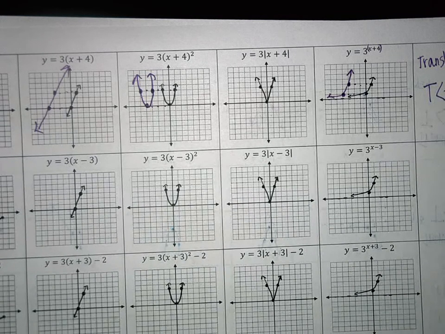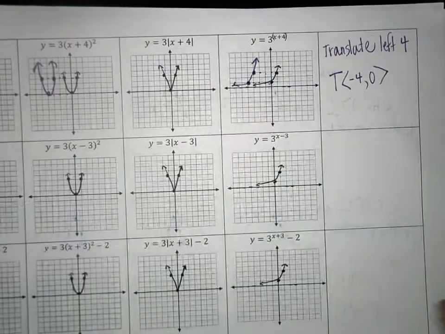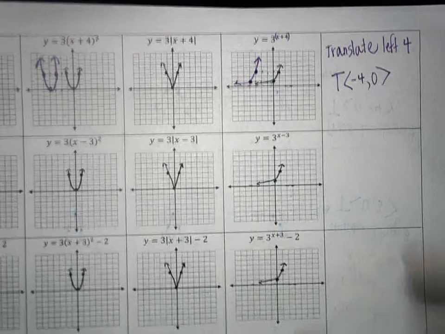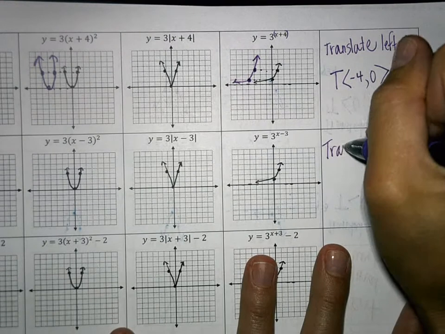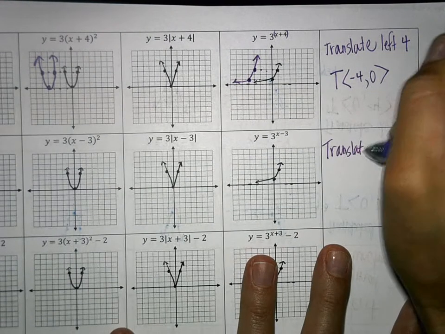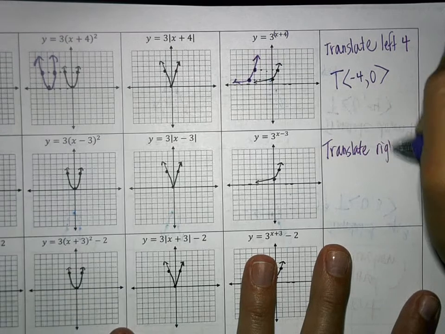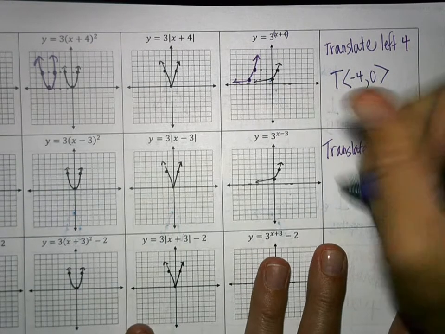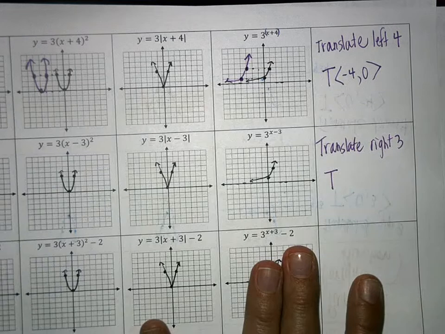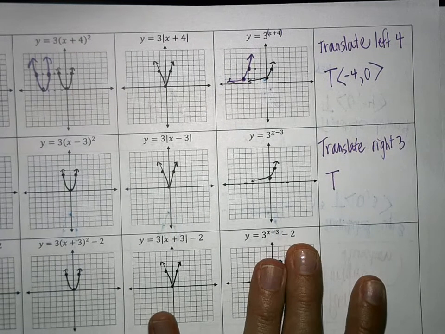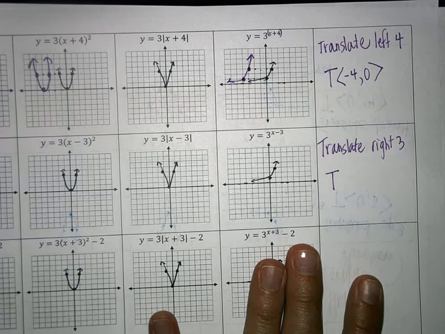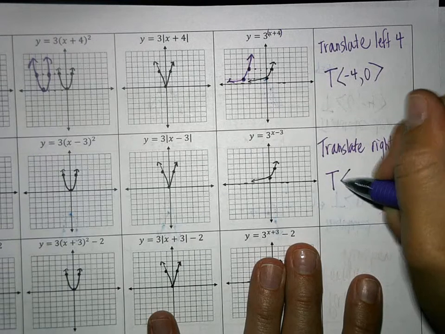Okay, next row down. How is that one going to translate? Very good. So, translate right 3. And how would we write that one? What's going to go inside?